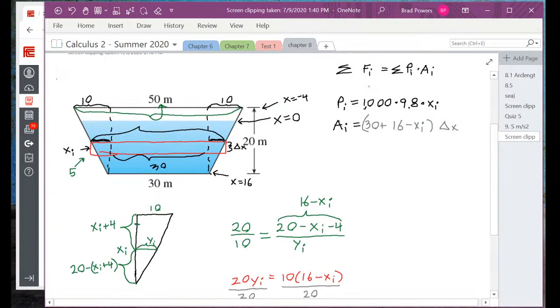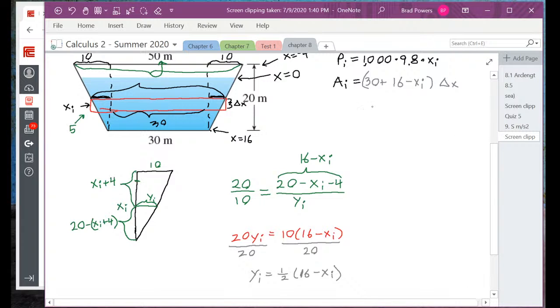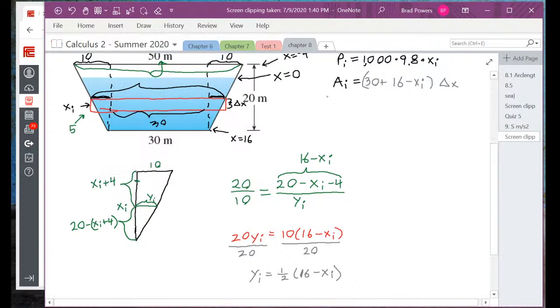And remember, our approximating force was this. So if I just take this times this, stick it in an integral, now we have our integral.